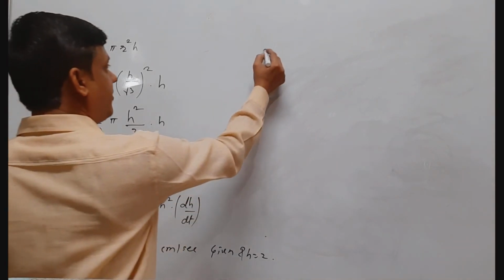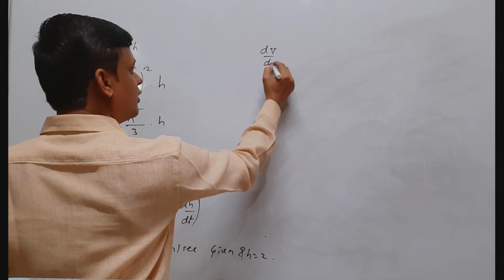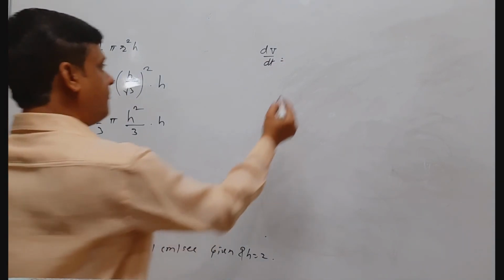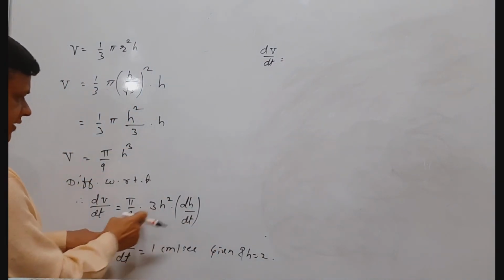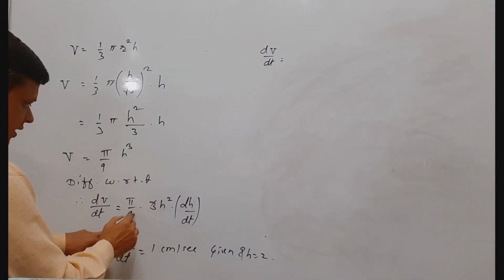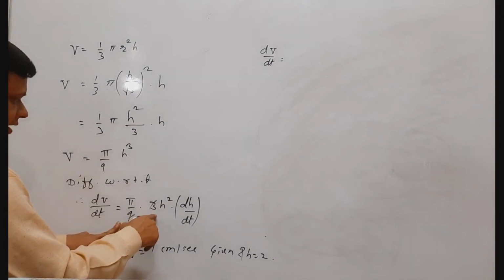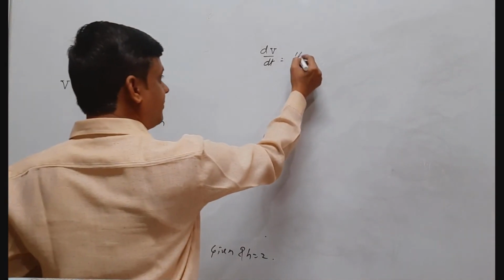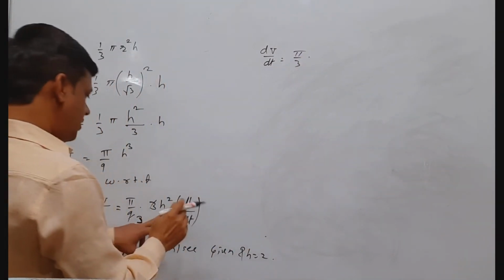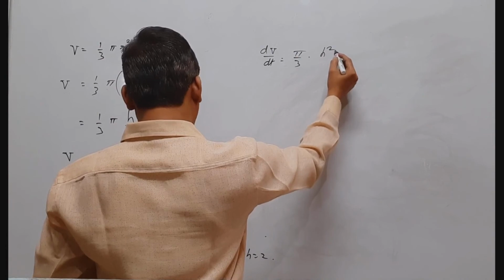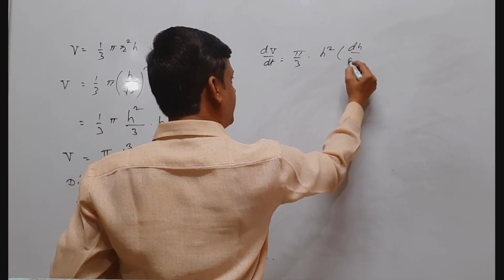So write dV by dt is equal to pi by 9 times 3. You can simplify this, so we write this as pi by 3, because we divide this 9 by 3. So we get pi by 3 into h square into dh by dt.